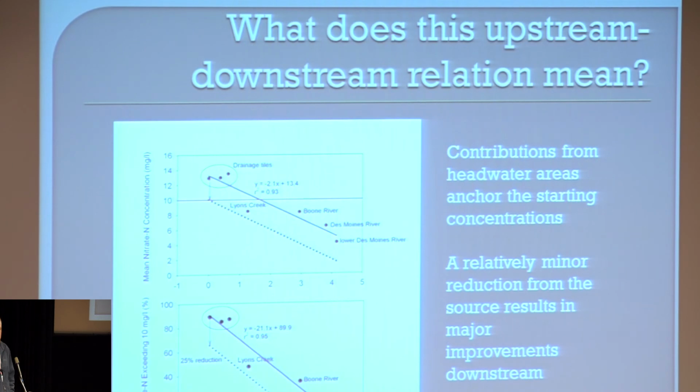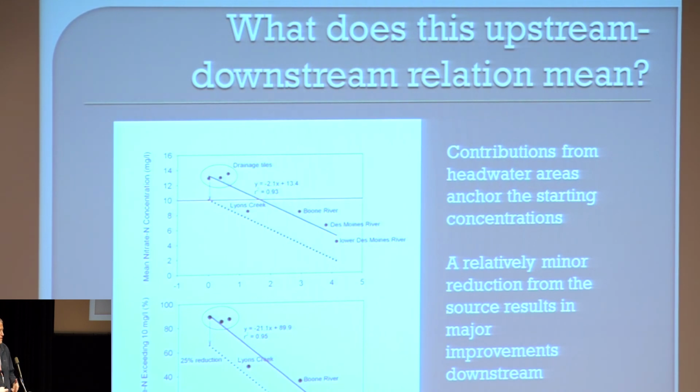Now, the idea of an 8% change in the Lyons Creek basins is doable, but what's the relationship? If you make a change in these drainage districts at one scale, how do those changes propagate downstream? Well, that's the idea behind this graph: if we can reduce the concentrations of nitrate delivered from drainage districts high in the watershed, the changes propagate downstream. So we don't necessarily have to achieve a massive reduction high in the watershed.